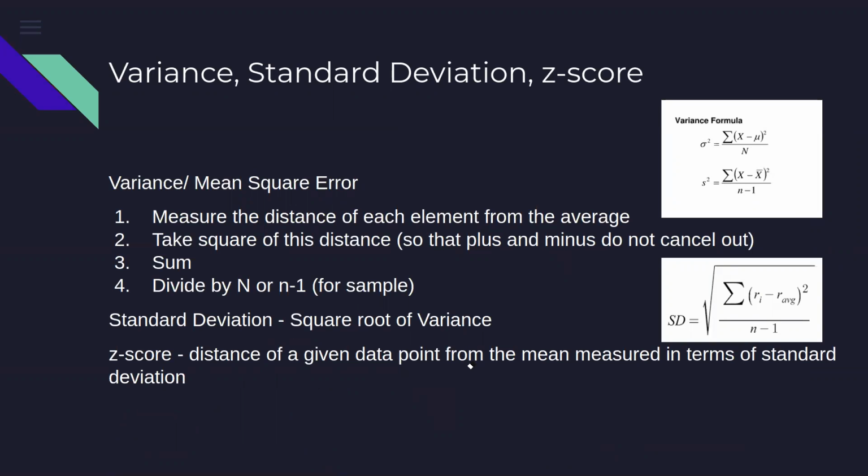We're talking about the dispersion around the mean, and we're trying to quantify it. Dispersion around the mean means how far away the data points are from the average, but we need to quantify it. The two main ways that we quantify it are called the variance and the standard deviation.